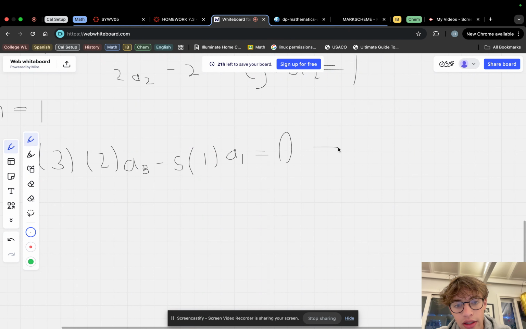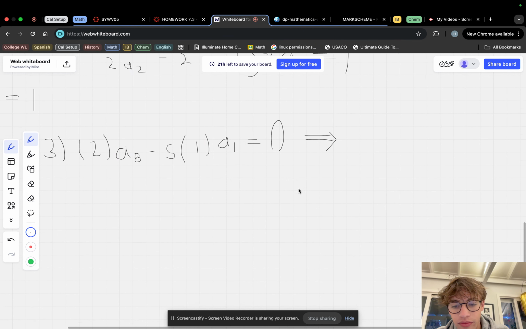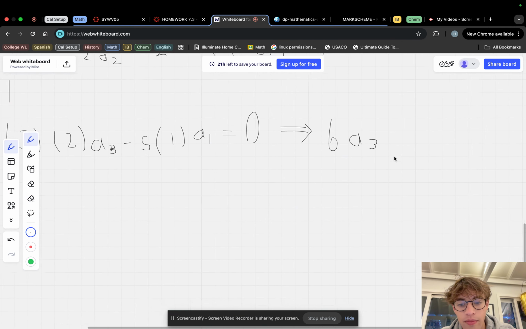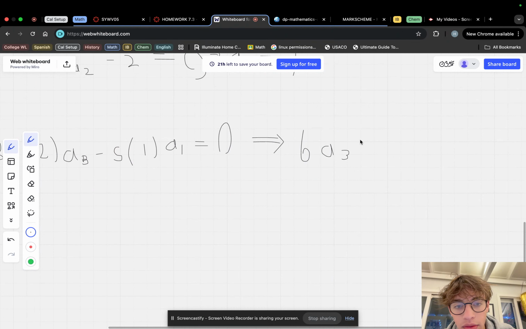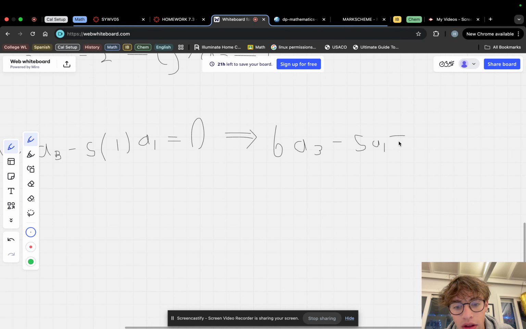So now we can solve for a3. We can plug in a1 because we know it is 1. That gives us 6a3 and then minus 5a1, and we know a1 is 1, so that's just 5 equals 0.